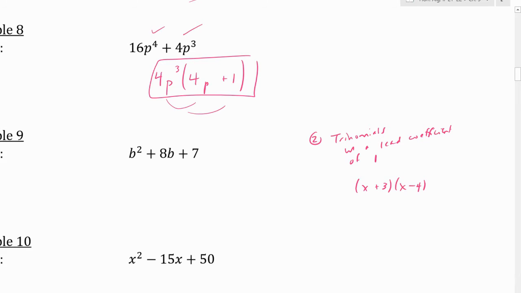Let's say you got 2 binomials multiplied together. Here's x squared. Negative 4x and positive 3x give me negative x. And here, I won't do it in my head. Minus 12. So you get x squared minus x minus 12.